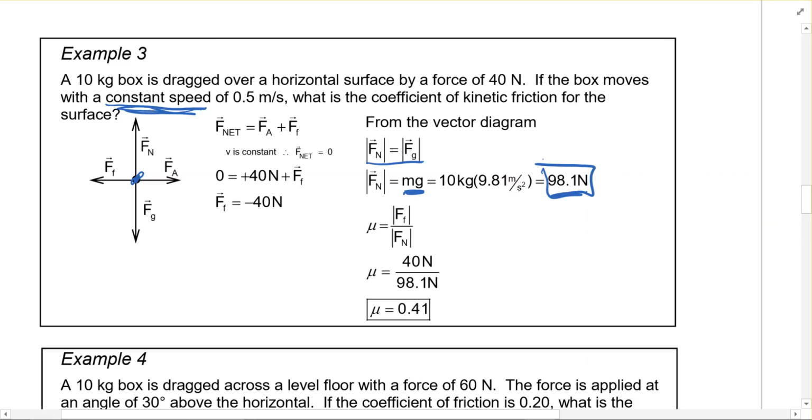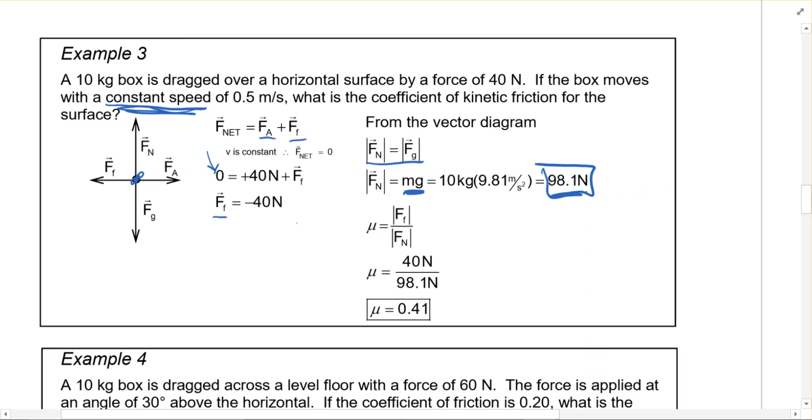So we got that. Now here's kind of the new thing. Left and right here, if we look at that direction, the net force is going to be equal to Fa plus Ff, right? So you could say that. And then what I'm going to be able to do is say, okay, well, F net is equal to 0, right?